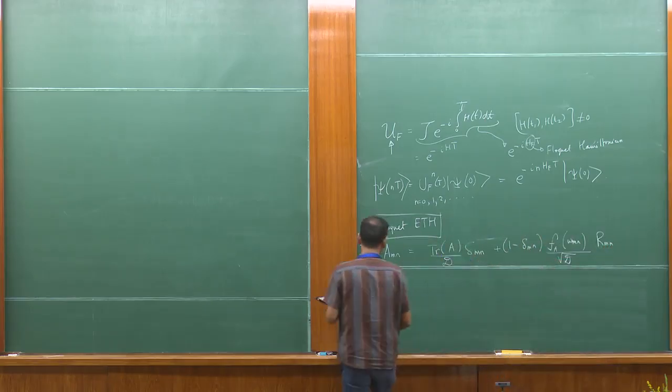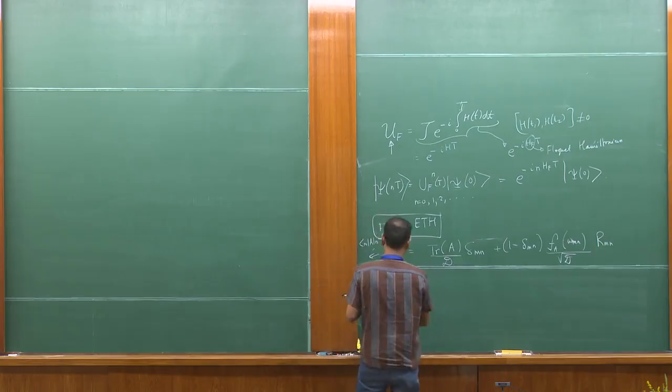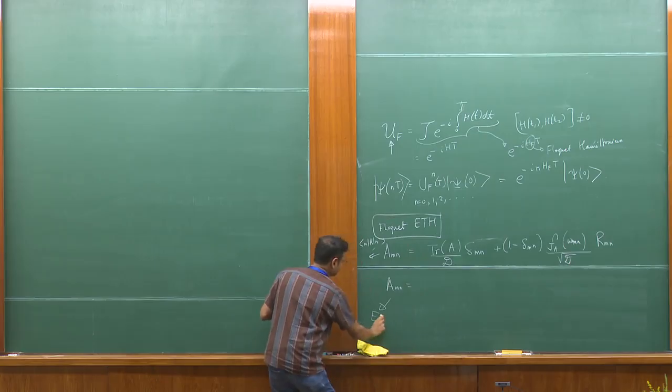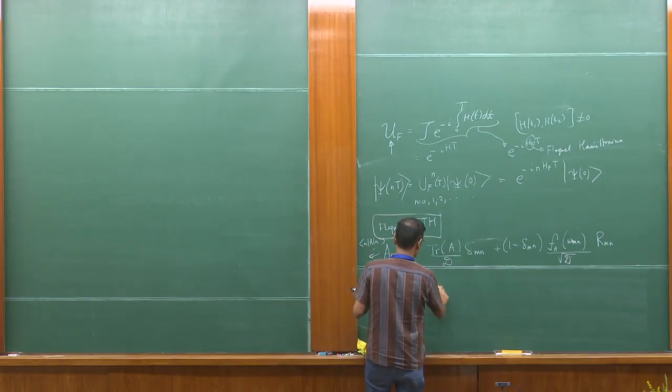This is Floquet ETH, whereas for an undriven system you get standard ETH, and this thing looks like this.